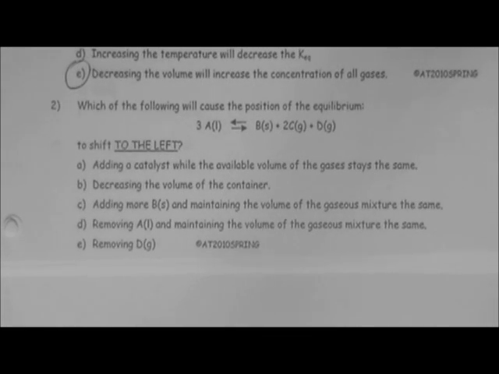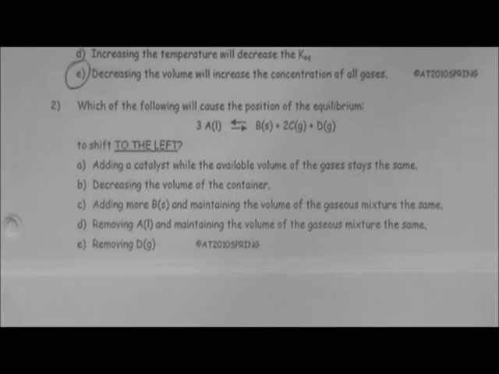Imagine a piston, right? Whenever I do these changes, I maintain the same volume available for the gases. Unless I increase the volume, like a piston, and maintain the same available volume of the gases, the position of equilibrium is not going to stay the same, depending, of course, on the equation.